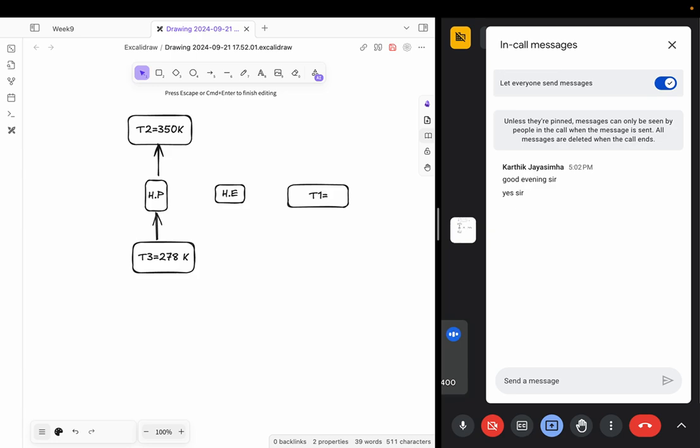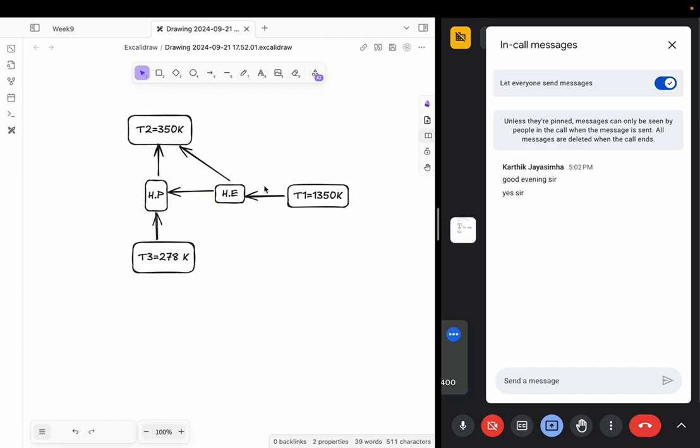One thousand seventy-seven is 350 Kelvin. This heat is getting supplied, and then it is getting rejected to the same thing. Whatever is the remaining work done, that will be done on the heat pump.